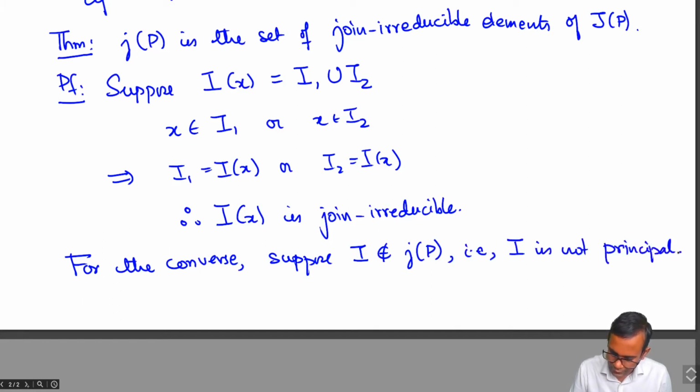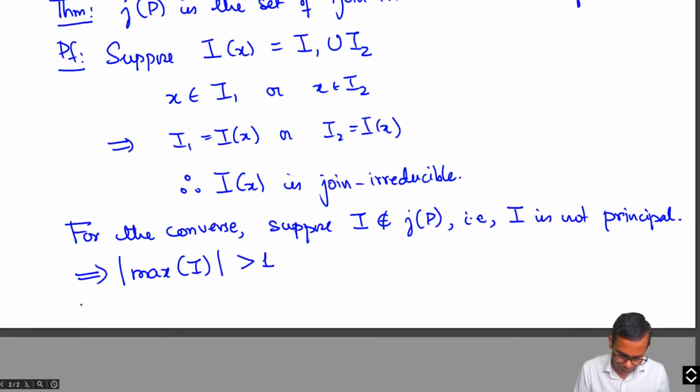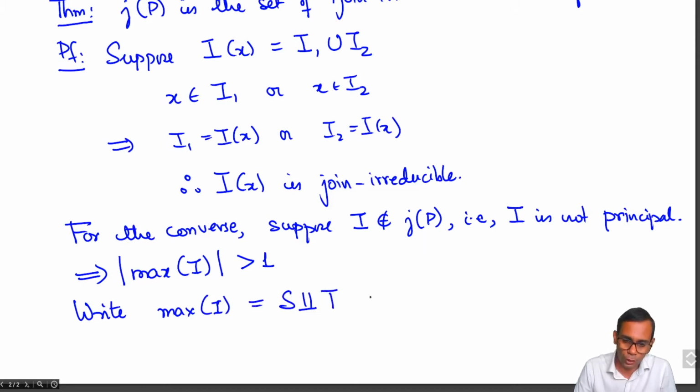Now the smallest set that generates any ideal is the set max I, the set of maximal elements of I. And since I is not principal, this set must have more than one element. So then I would be able to write max I as a disjoint union of two non-empty sets. Any set with more than one element can be written as a disjoint union of two non-empty sets.